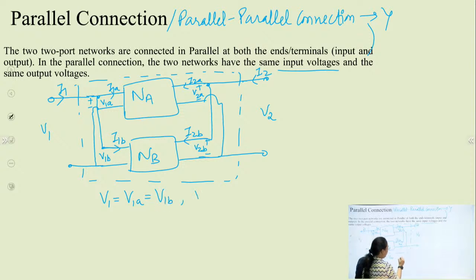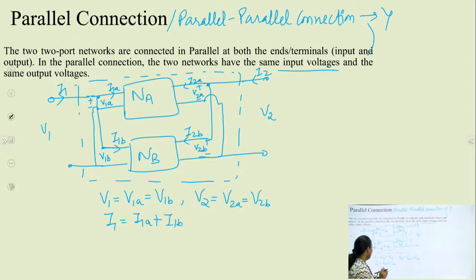Similarly, for the output side I can write the voltage V2 will be equal to V2A, which is equal to V2B. Okay, and for current I can write I1 will be equal to the summation of these two currents, that is I1A plus I1B, because it is a parallel connection. For parallel connection we have the same voltage and different currents. And similarly the output terminal current I2 will be equal to I2A plus I2B.